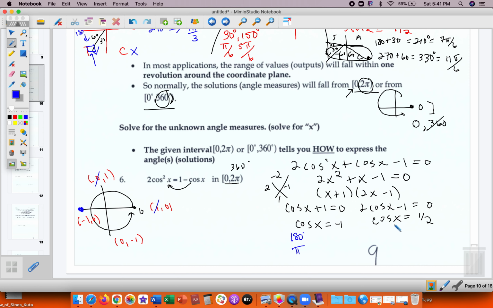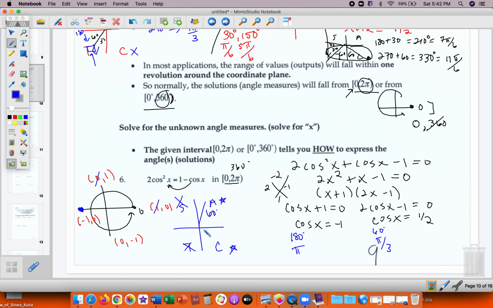And then when it says cos x equals 1/2, we know all students take calc. We know we're going to have cos positive value here in first quadrant, not here, not here, and in the fourth quadrant. So in the first quadrant, we have a cos value of 1/2 at 60 degrees, or pi/3.